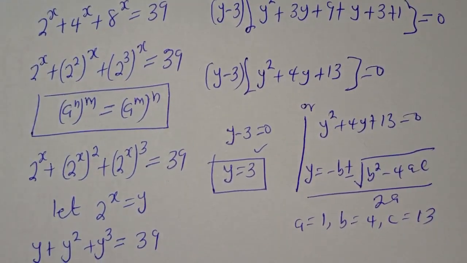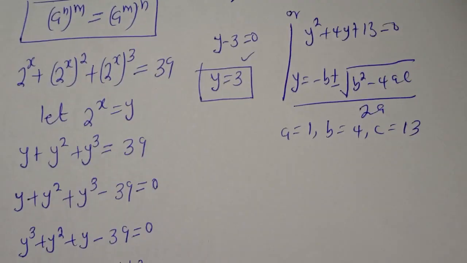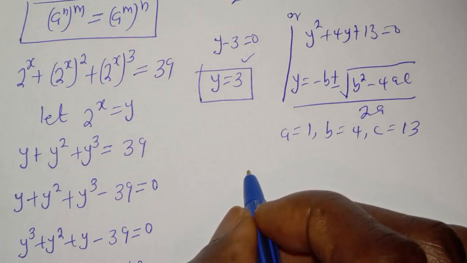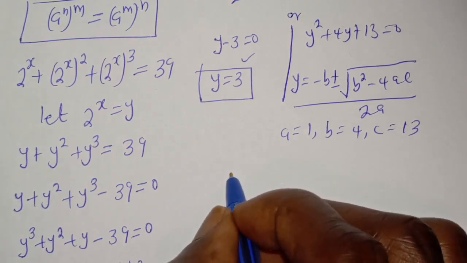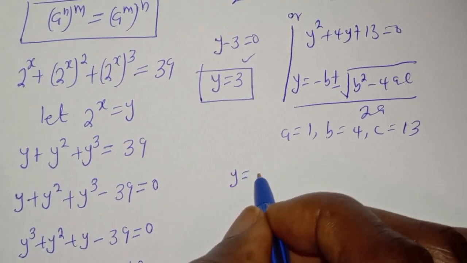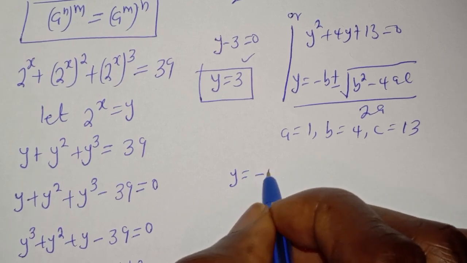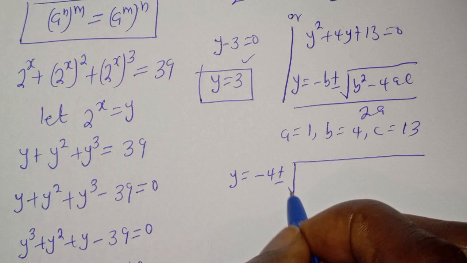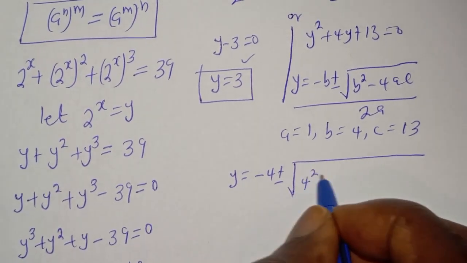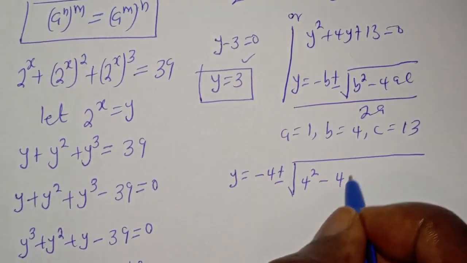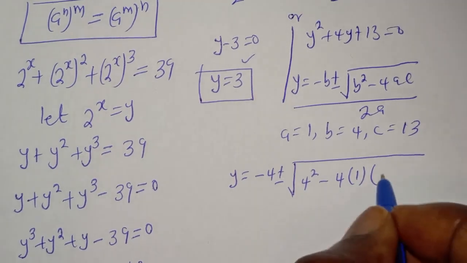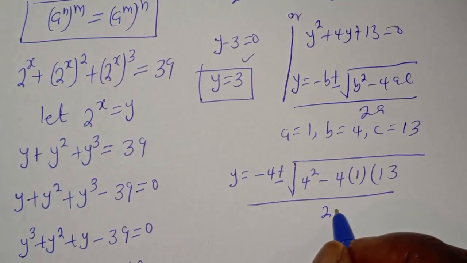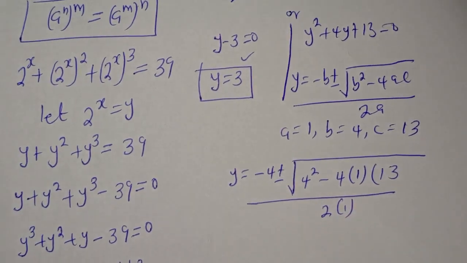Let's substitute. We have y is equal to minus 4 plus or minus square root of 4 squared minus 4 multiplied by 1 multiplied by 13 over 2 multiplied by 1.